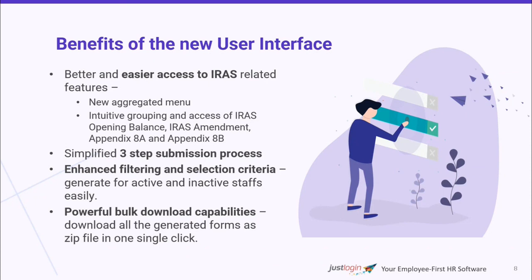We've simplified it into a 3 step submission process. Its enhanced filtering and selection criteria allows you to generate for active and inactive staff easily. And we have powerful bulk download capabilities. This allows you to download all generated forms in one zip file in one click.